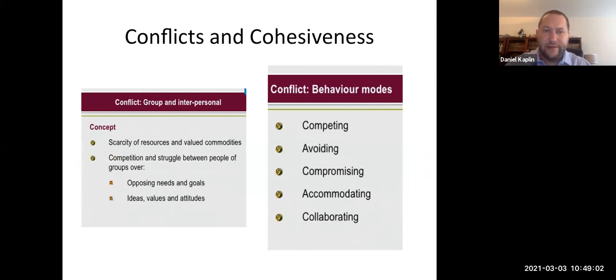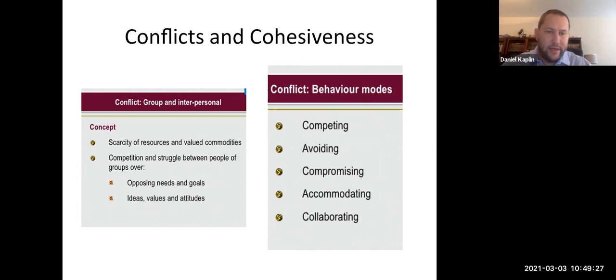So conflict, again, is healthy and normal. It provides a sense of intimacy, but here's the deal: conflict occurs more when there's not enough resources for everyone to get what they want.